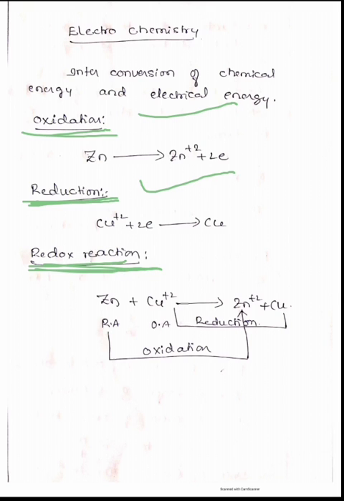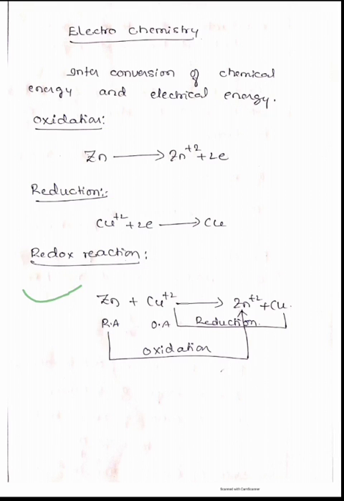So for that the example is this one, that is Zn + Cu2+ gives Zn2+ + Cu. So in this reaction both oxidation reaction and also reduction reaction will occur. Here Zn, by the loss of 2 electrons, gives Zn2+. Similarly Cu2+, by the gain of electrons, gives Cu.